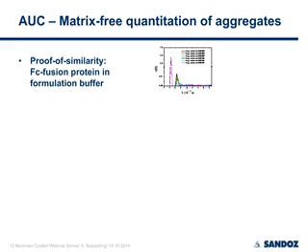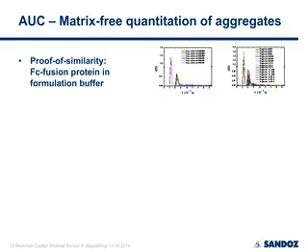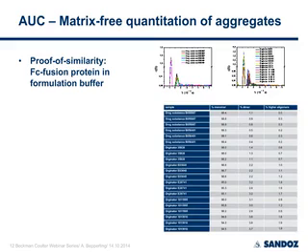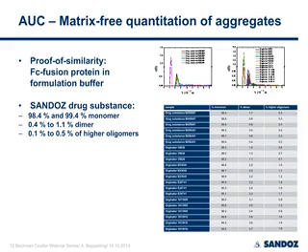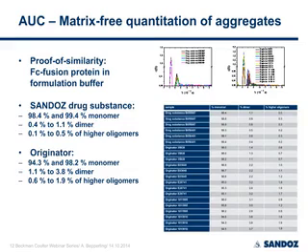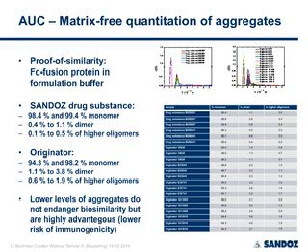Here shown an example for an Fc fusion protein, and what you just may take home as a message from the table, you see that you can expect to quantify 0.1 and higher % of oligomers.